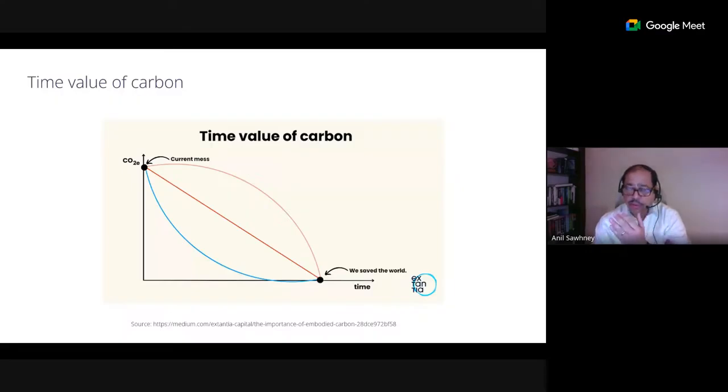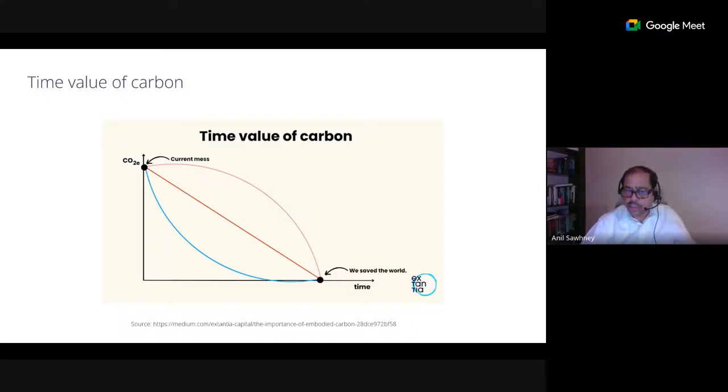So let's say the longer the carbon dioxide stays in the atmosphere, the more harm it causes. The sooner you remove it, the better, right? So from that point of view, it is useful to think about the time value of carbon. Most standards do not use dynamic LCA to account for the timing of emissions.